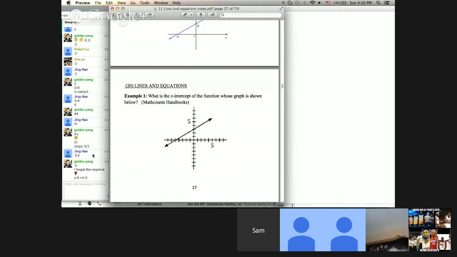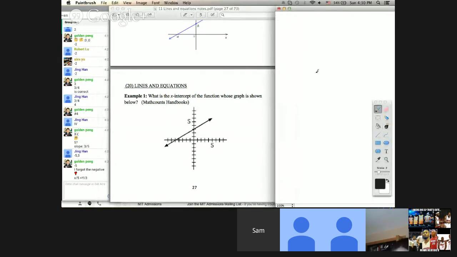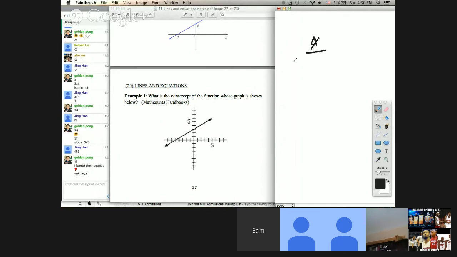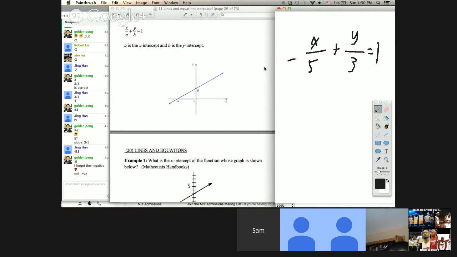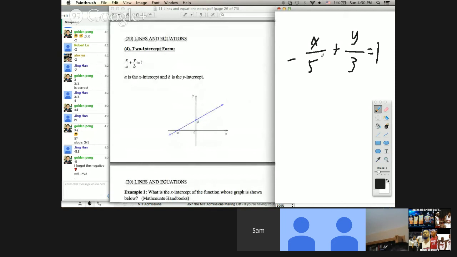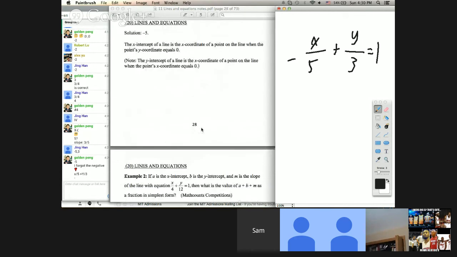Right, so I think you left out the negative again, but it's just basically x over -5, and then plus y over the y-intercept, which is 3, that equals 1. And that's the equation. So it's just x over the x-intercept plus y over the y-intercept equals 1, and that's the equation.